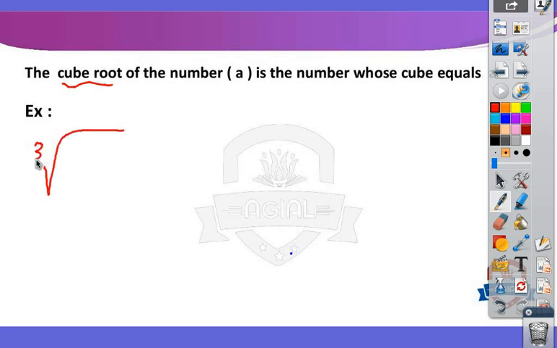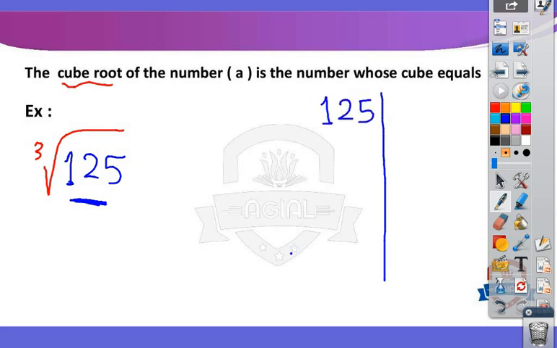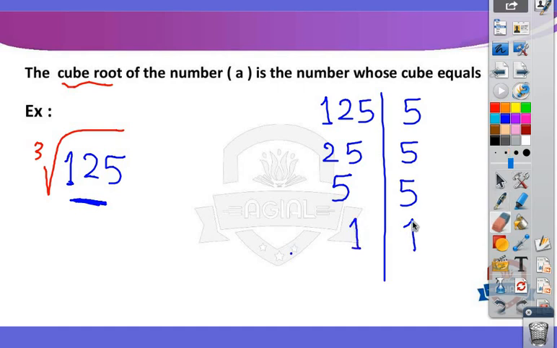So when I need to find the cube root of 125, we will search for the number that, multiplied by itself 3 times, gives 125. 125 divided by 5 is 25, divided by 5 is 5, and 5 divided by 5 is 1.